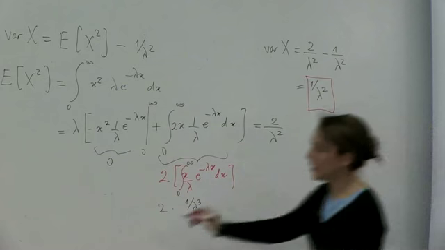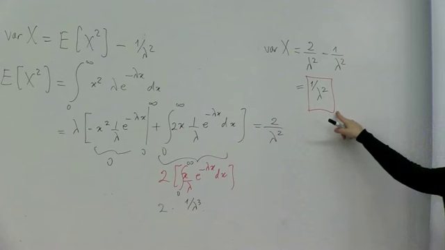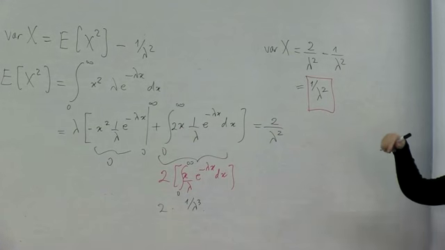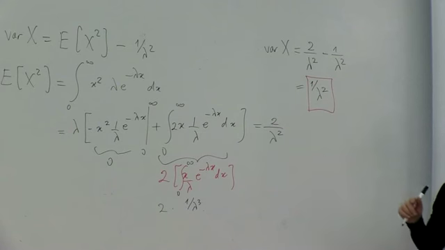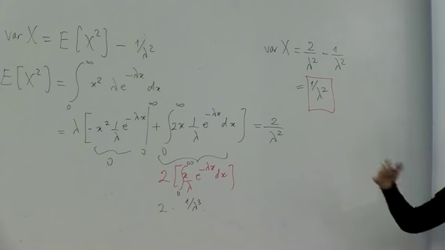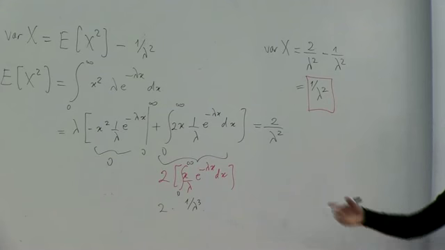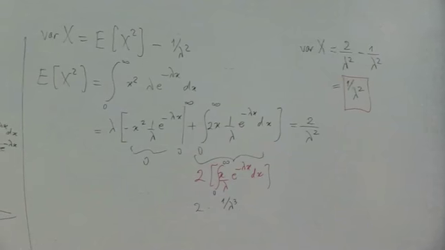First of all, it is simply in terms of the parameter lambda. Just like expectation, this decreases with lambda. Also, this has units which are the square of the units of the expectation, which also makes sense. So we found the expectation and the variance of the exponential.